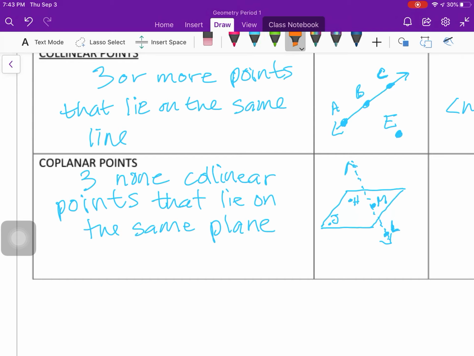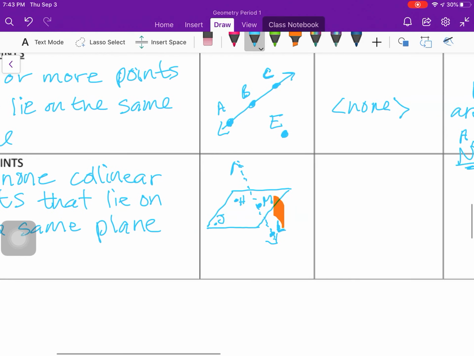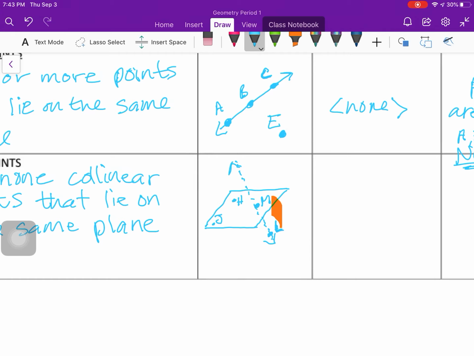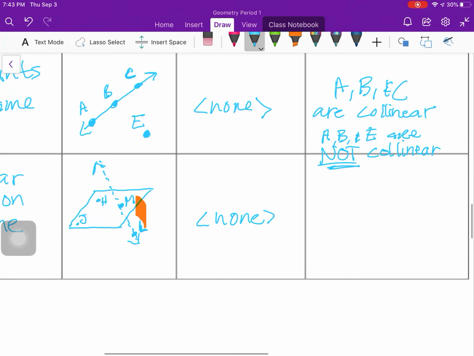Okay, so notice L is not on the plane, but J, H, and M are all on that plane. There's no way to note this. And what would we say? J, H, and M are coplanar.